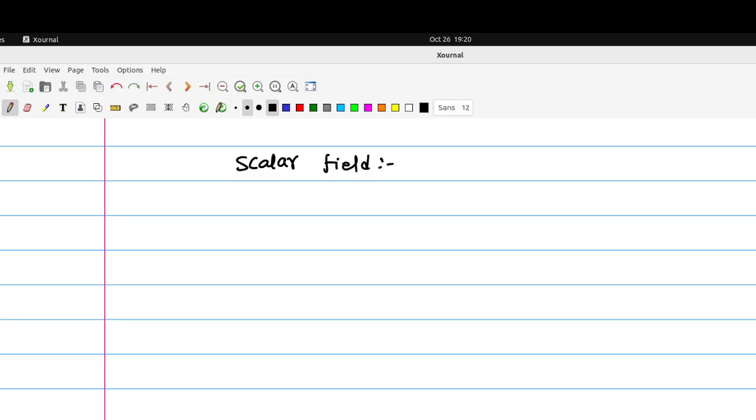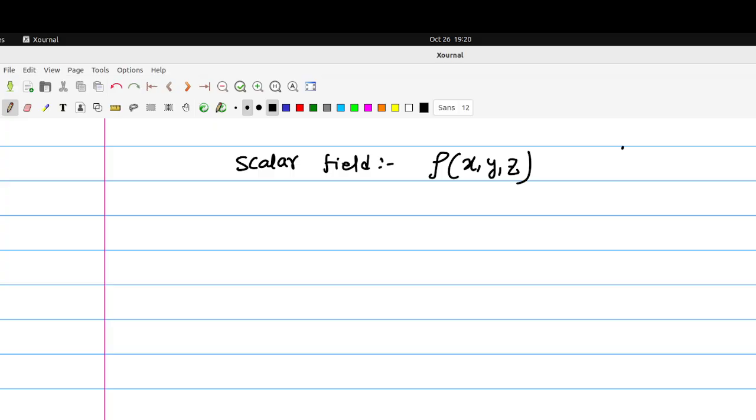In 1D the coordinate is only x, in 2D it is xy, in 3D xyz, and in higher dimensions there are many coordinates. So scalar field means it's a function of the coordinates xyz.